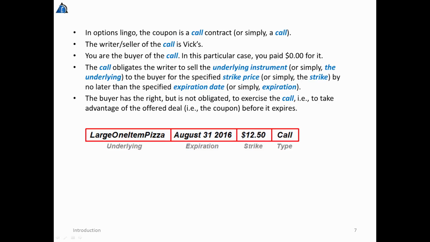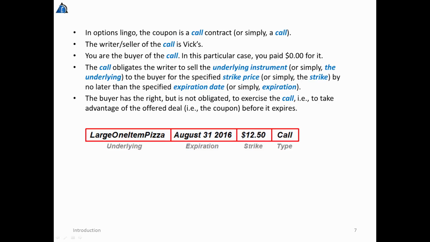The buyer, the holder of the call, the coupon, you're the holder of the coupon. You have the right, but you're not obligated to exercise the call. In other words, to take advantage of the offered deal before it expires.